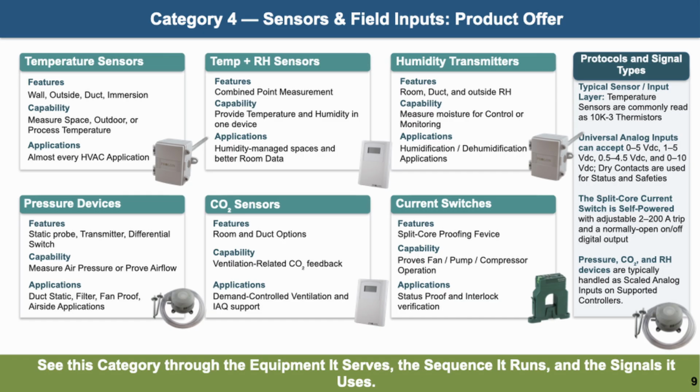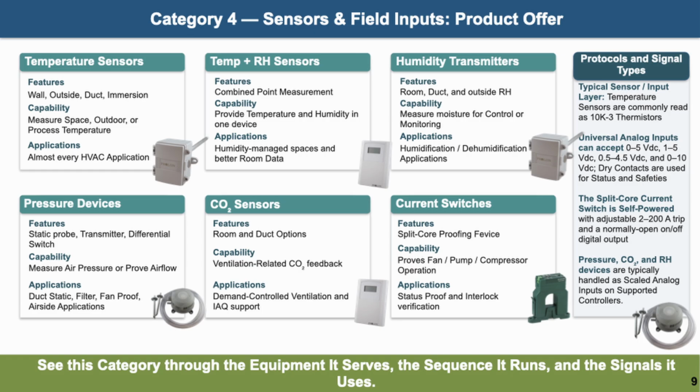The fourth category is the sensing and field input layer. This category includes temperature sensors, combined temperature and humidity sensors, humidity transmitters, pressure devices, CO2 sensors, and current switches. These products tell the controller what is happening in the field.